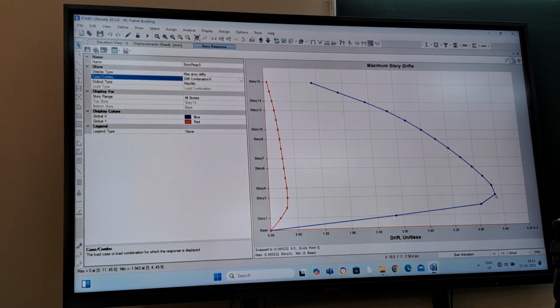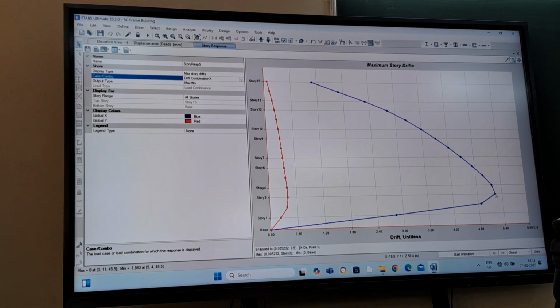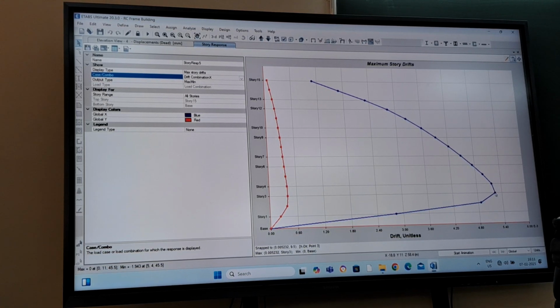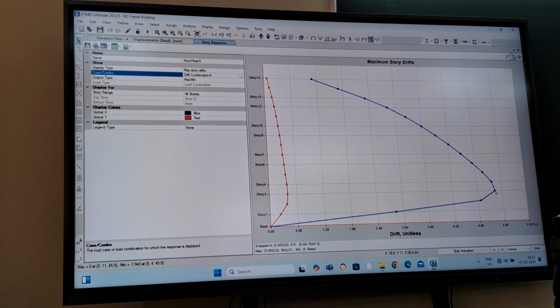Now see, your structure became stiffer, so the drift ratio should reduce. This is what you should expect, right? Actually I think it increased, not reduced.